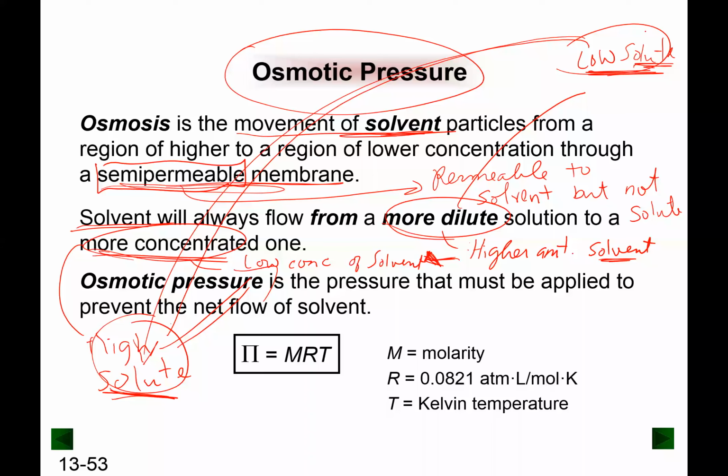Now, this movement generates what is known as osmotic pressure. Basically, that's the pressure that must be applied to prevent the movement of solvent.